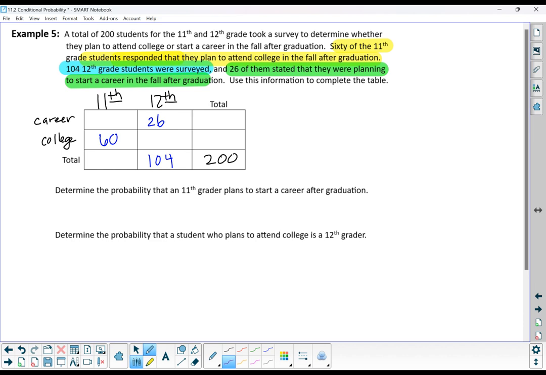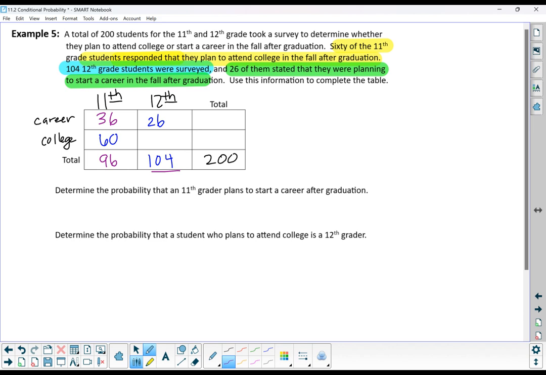All right, so let's see if we can figure out the other numbers in the table. So we know if there's 104 12th graders, we can subtract from 200 to get the number of 11th graders in the survey. So that's a 96. And to get the career bound 11th graders, we can take that 96 and subtract 60 to get 36. We also now can get the total of the career category.